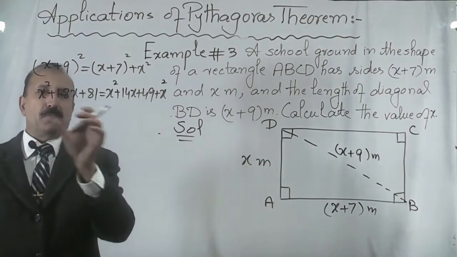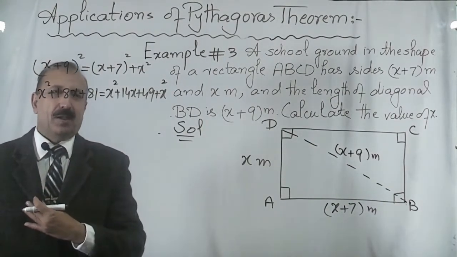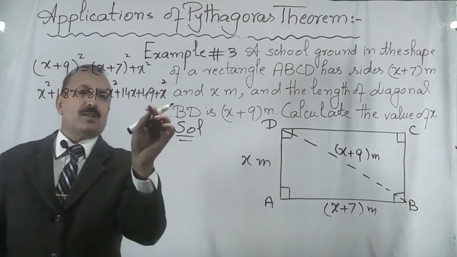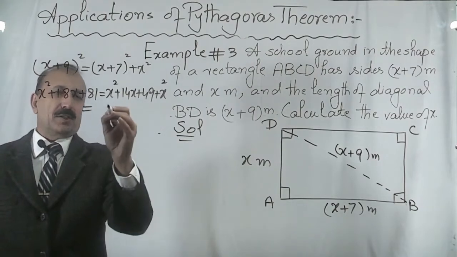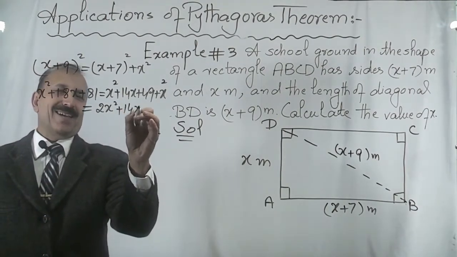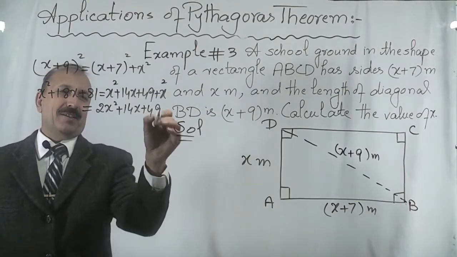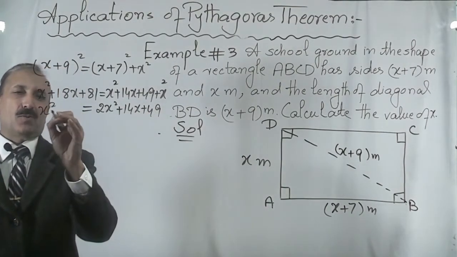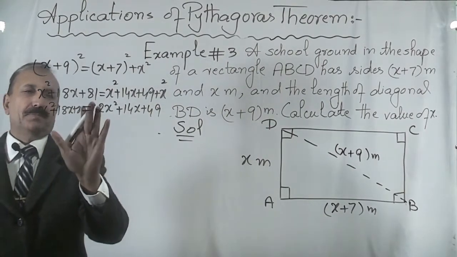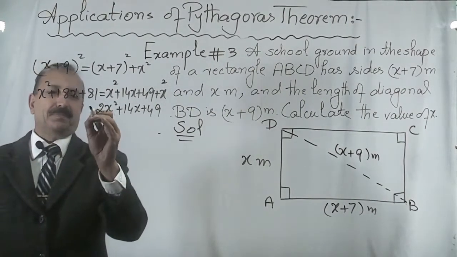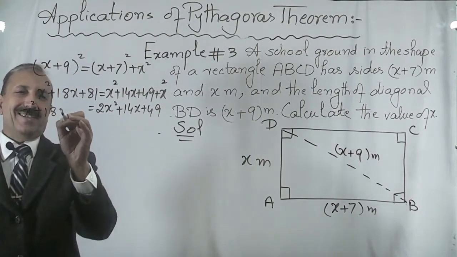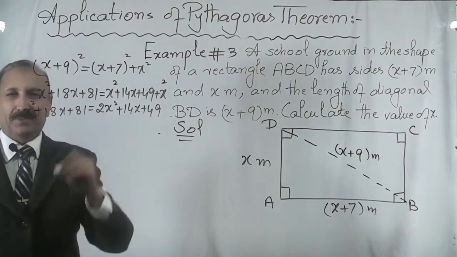Let's simplify both sides where possible, and then we will transfer these values to one side. This side contains 2x square plus 14x plus 49, and here we have x square plus 18x plus 81.